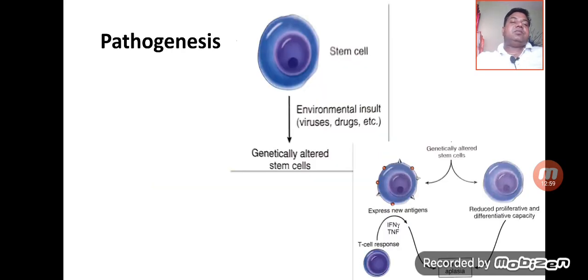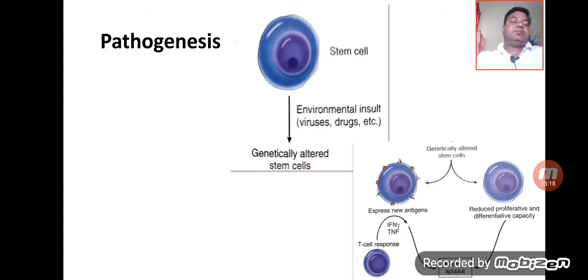So this is the pathogenesis. Here you can see in the diagram the stem cells, whenever they are exposed to an environmental insult, especially viral exposure or certain types of drugs, they are genetically altered.